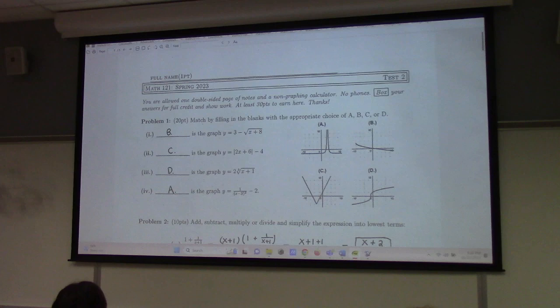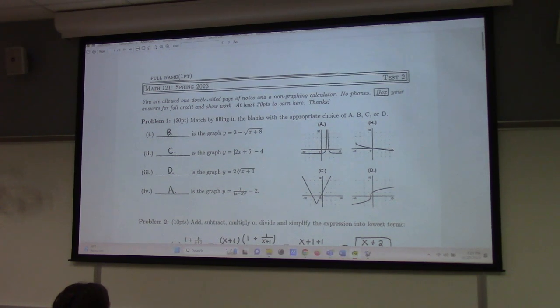So let's just run through this, and let me get my pointer out. Oh man, come on. What happened? Bummer.